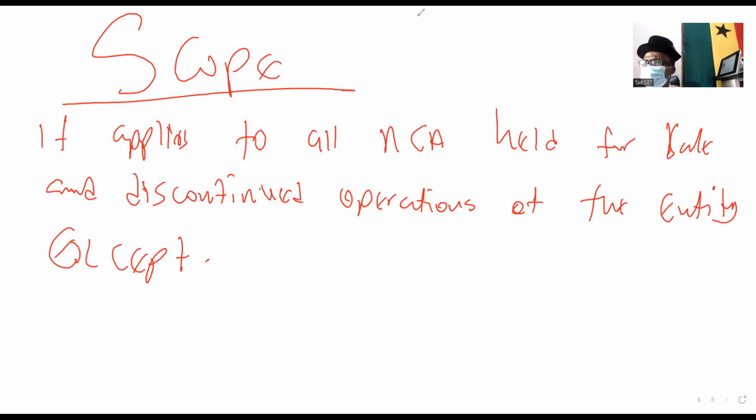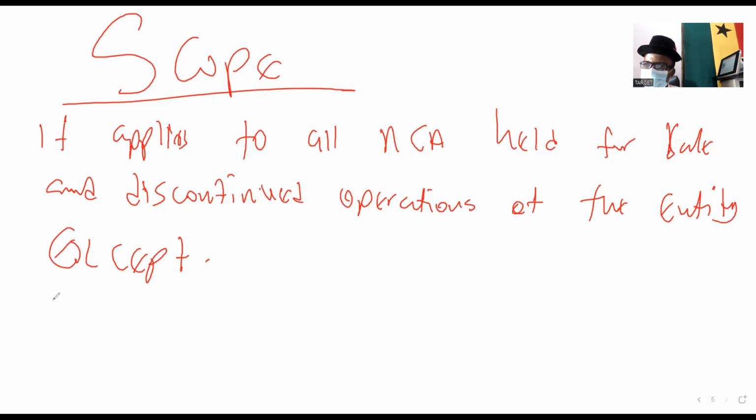Please note the exceptions. IFRS 5 does not apply to what we are about to list.